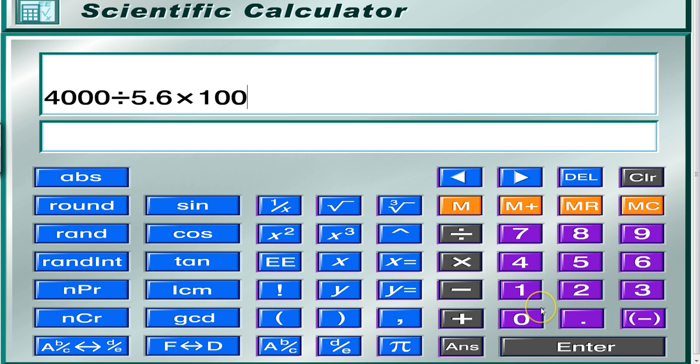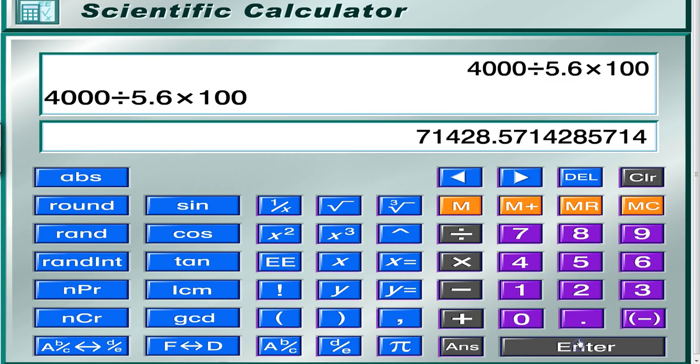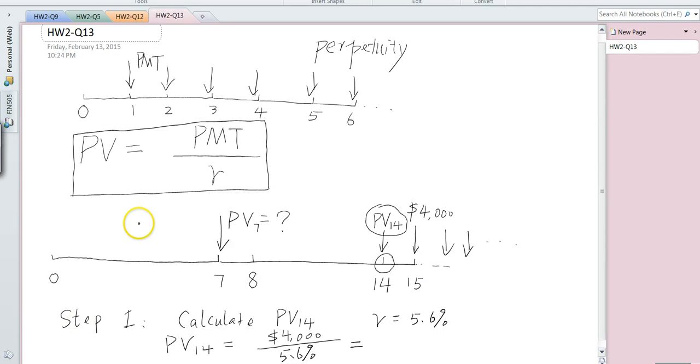It's basically I'm dividing by 5.6%, so that translates into multiplying by 100. Okay, so that gives me 71,428.57 if I keep two decimal places. I believe that's what the question is asking.